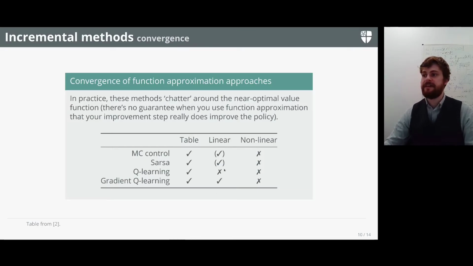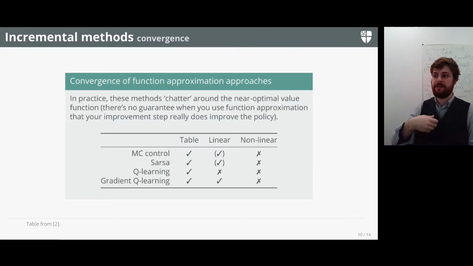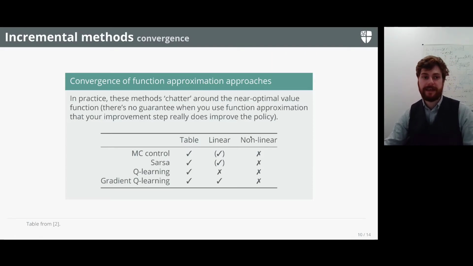But basically you can add an extra term to Q-learning in the case of linear functions to actually guarantee convergence. But what we really care about is non-linear function approximators like big deep neural networks, which have ReLU activations in them, where the non-linearities are introduced, which allow you to get much more interesting learning and generalization. But sadly, for non-linear function approximation, we lose all of these nice convergence guarantees.